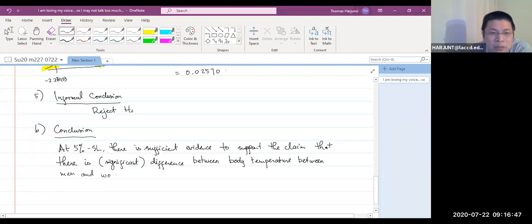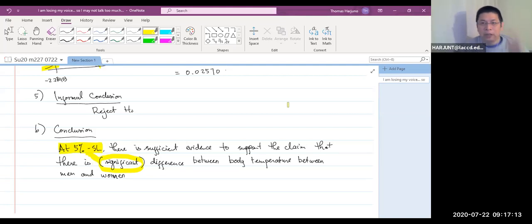I put parentheses there because I explicitly mentioned that 5% significance level. But if I don't say this, then it will be more appropriate to put this in. In other words, these two are redundant.